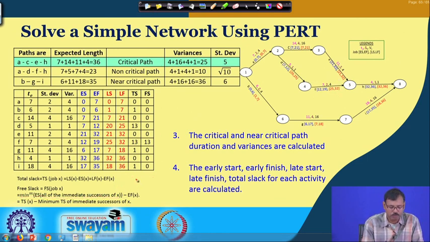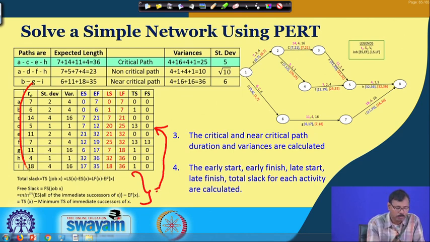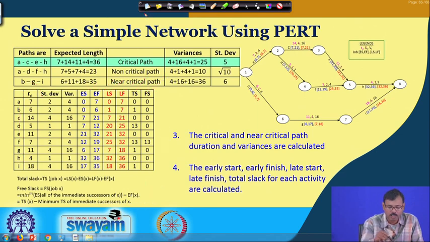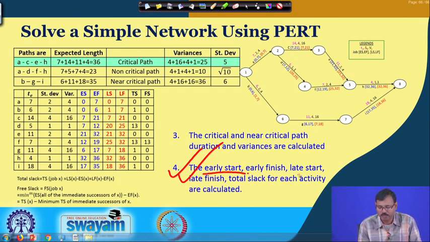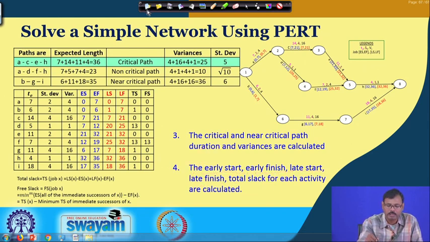This formula is used in the deterministic approach, or critical path method analysis also, and using the mean time, the early start, early finish, late start, late finish, total slack and free slacks are computed and presented. So, our fourth requirement, the computation of early start, early finish, late start, late finish, total slack and free slack for each activity, is calculated and presented.